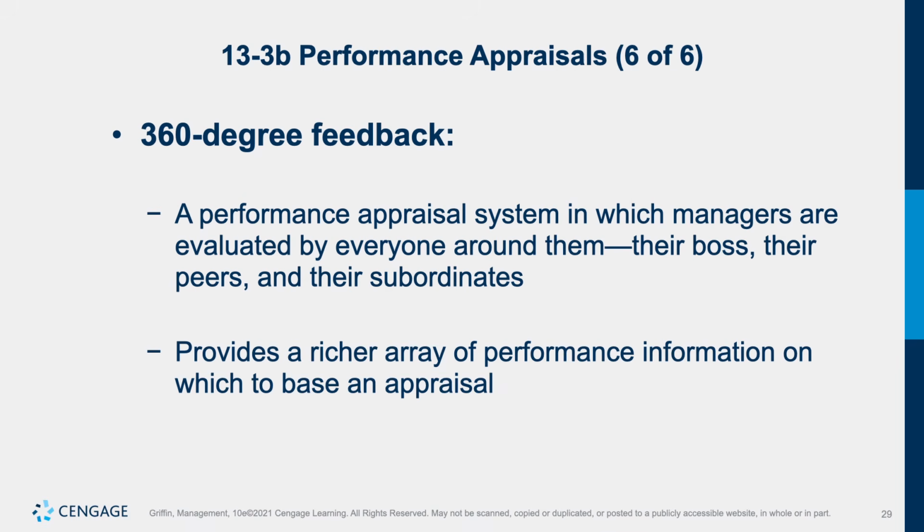So this 360-degree feedback or performance appraisal is a performance appraisal system in which managers are evaluated by everyone around them. An employee is evaluated by their boss, by their peers as well as their subordinates. So it provides a richer array of performance information on which to base an appraisal.